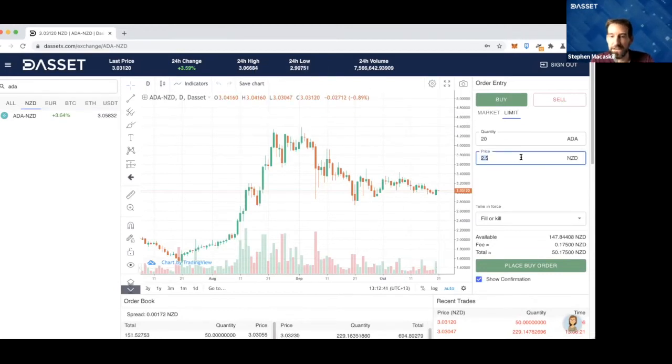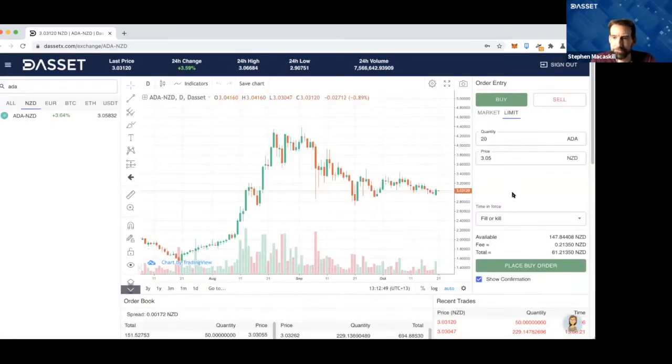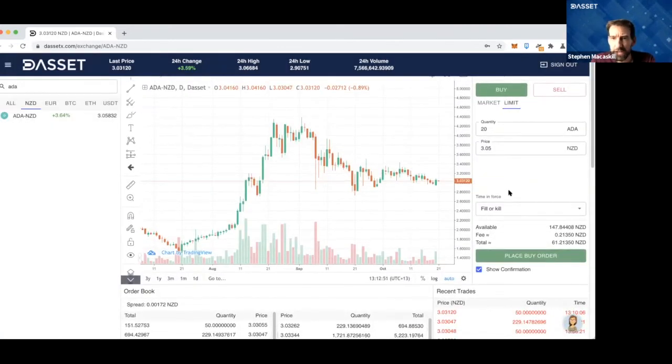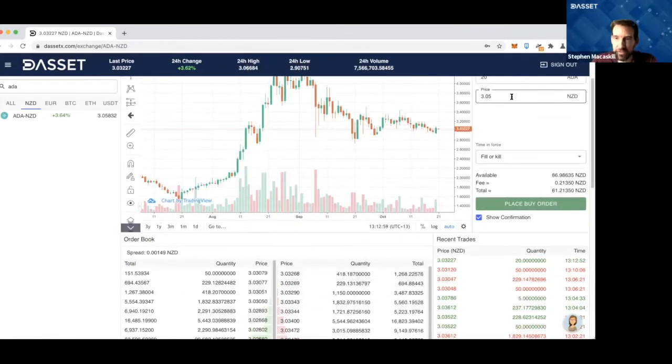Now, if I do it at 3.05, then it will fill, in theory. So in theory, the entire order will fill. There you go. It's a bit difficult doing it like this, but you see that the best ask price is, or was, this price.